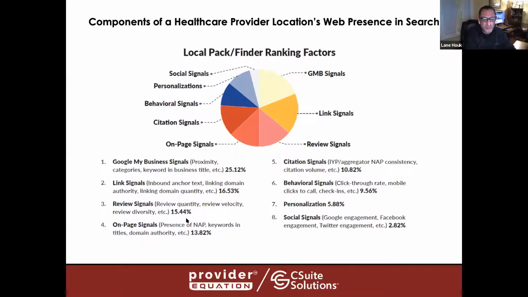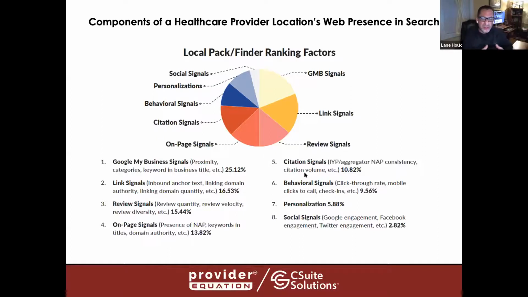Reviews have proven to be very important to human beings, and so Google and Googlebot is also scoring review signals. So it's important to have good reviews on an ongoing basis because they're very much a signal of authority in a local marketplace. On-page signals simply means the signals that are on web pages.